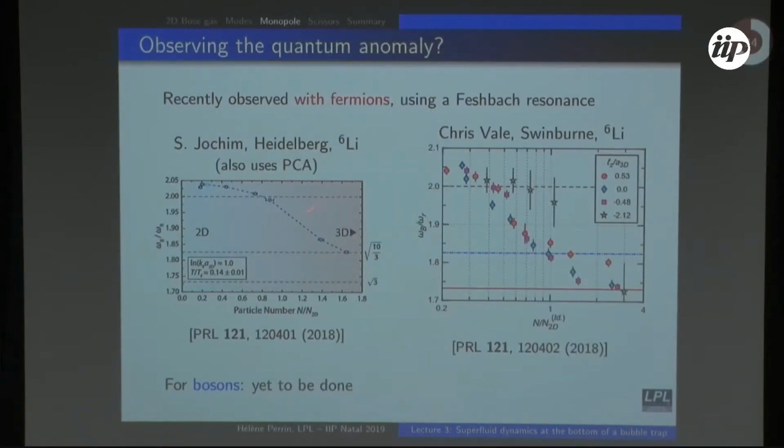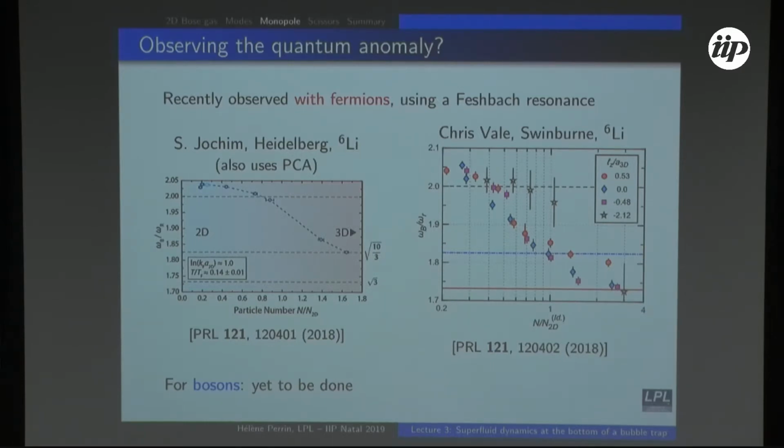Okay, so we did not observe the anomaly, which was small, but let me point out that this has been observed very recently with fermions in the group of Jean-Joachim Veil, where they make use of Feshbach resonances. What was limiting us is that we were varying the confinement, the value of G tilde, by confining more or less, which is not enough.